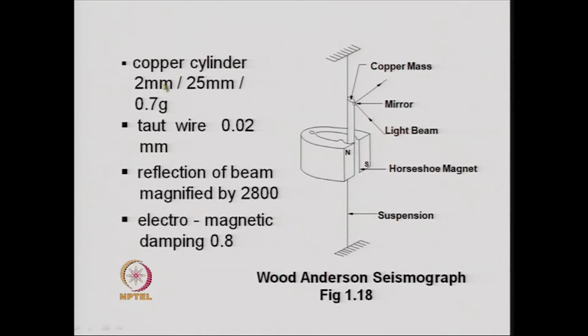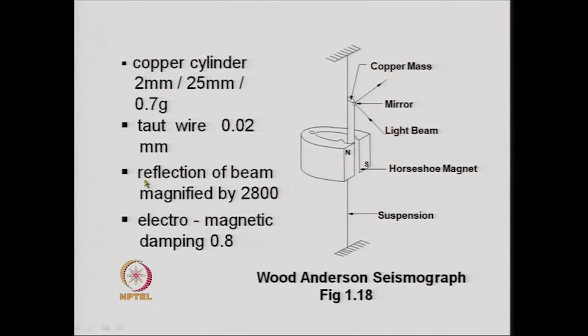The copper cylinder has a 2 millimeter diameter. It is 25 millimeter long. This has a weight of 0.7 g. Then the wire is a taut wire, and this has a diameter of 0.02 millimeter.